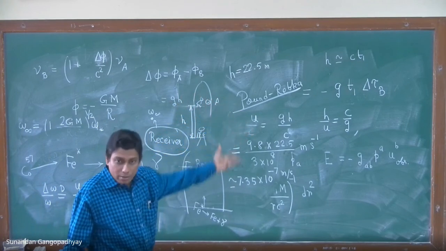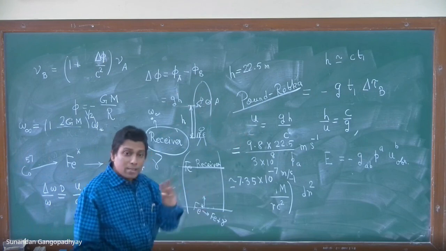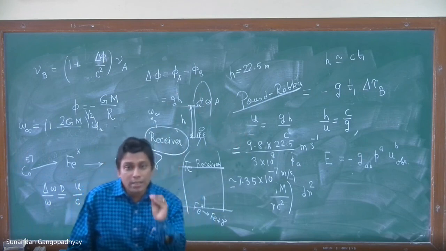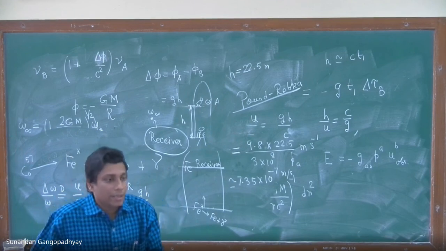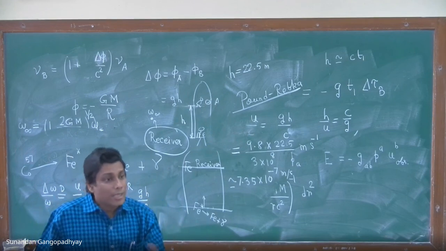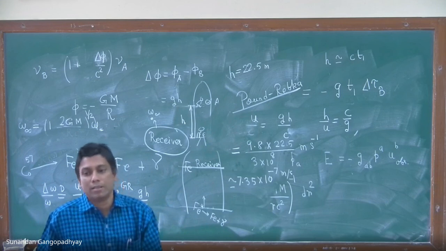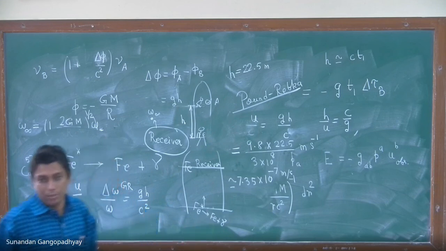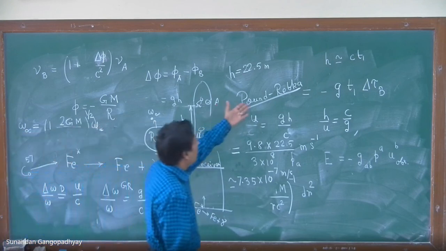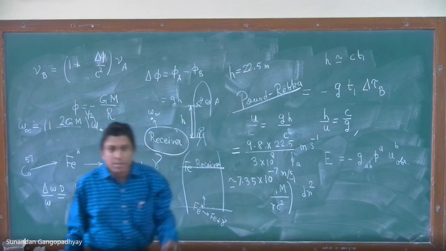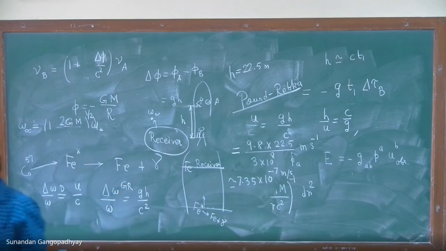We have calculated it already. But that small effect you are measuring in a phenomenon which happens at a very small length scale, and that is the nuclear physics domain. This was done, as I mentioned, in 1958 and verified in 1959. This was the first direct evidence that gravitational redshift is there, and Einstein's theory is working.